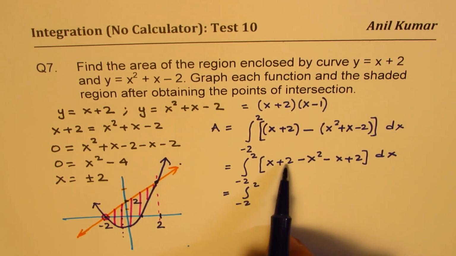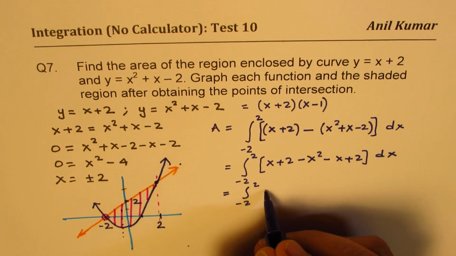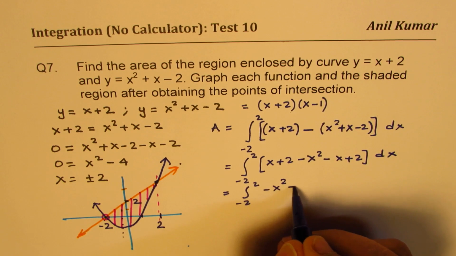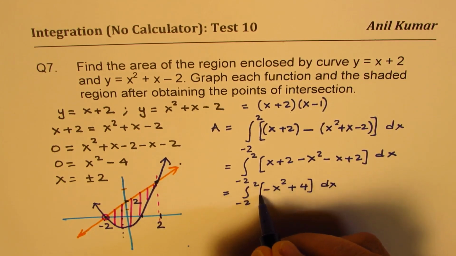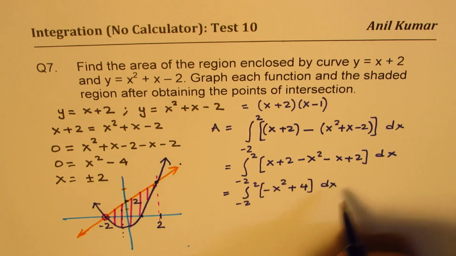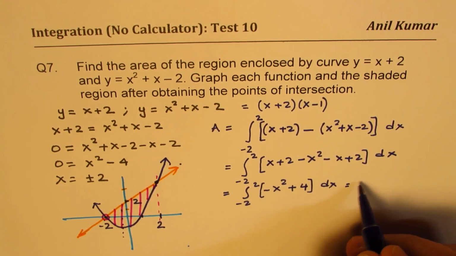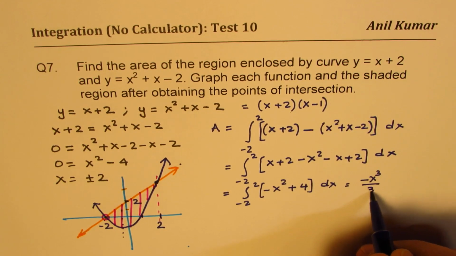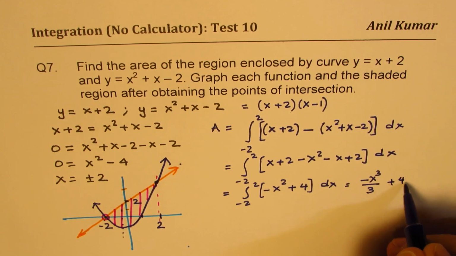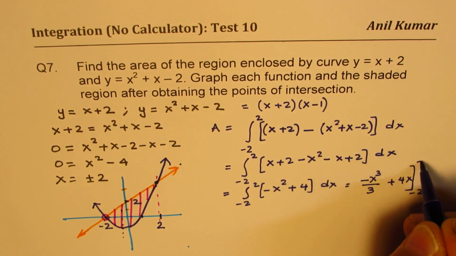We get minus x squared, and 2 plus 2 is 4. So we get minus x squared plus 4. Right. The integral of this will be minus x cubed over 3 plus 4x, from minus 2 to 2.